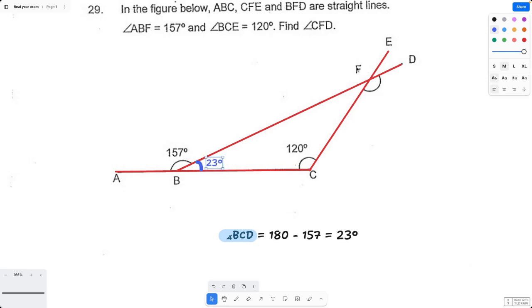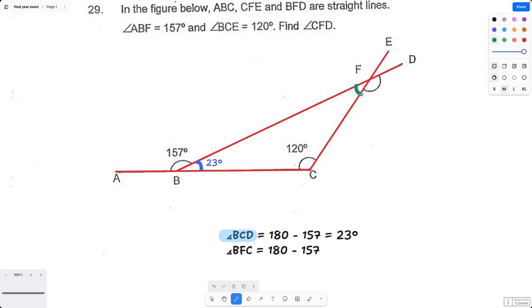So now we can get BFC. Angle BFC is this angle over here. Let me make it green.